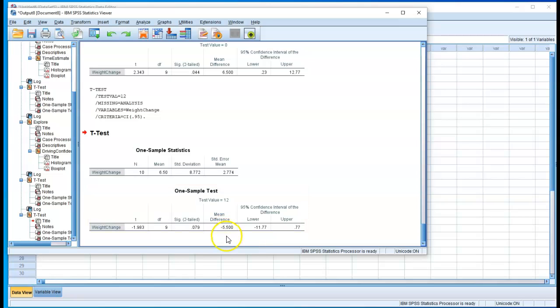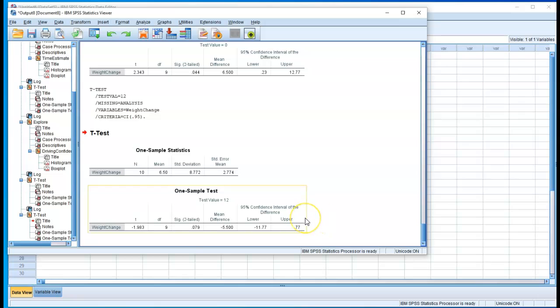So on average, people are about 5.5 pounds lower than that 12-pound average that people typically have. Right? But that's pretty weak evidence against the null. Our 95% confidence interval, again here, is very wide, given that we had a very small sample size.